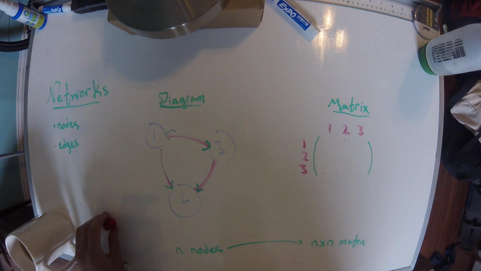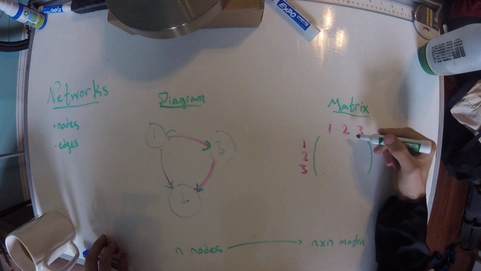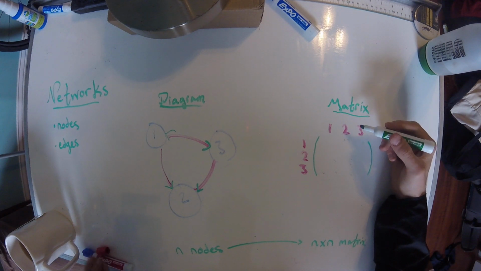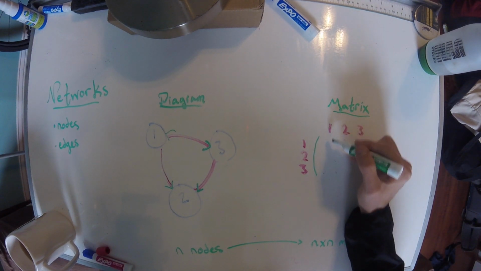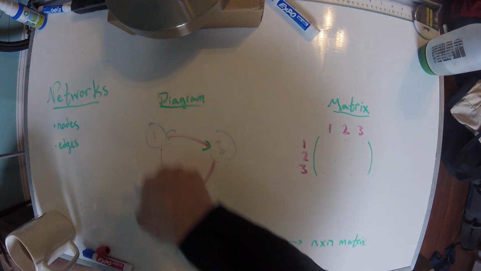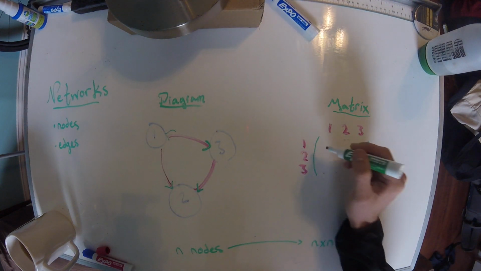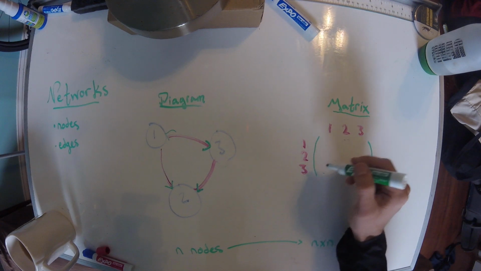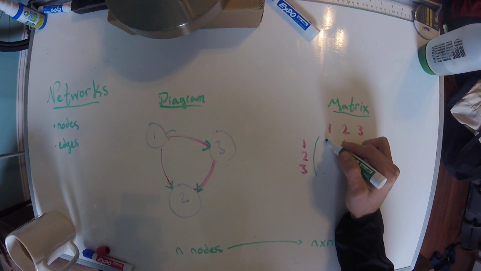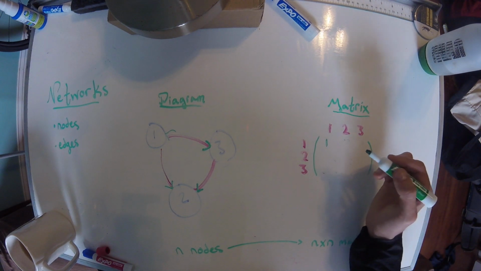Okay, so now what's going to happen is as we fill out this matrix, we're going to put down a 1 wherever 1 is connected to the corresponding node, as we go through 1. So 1 is still connected to itself, so that's still true.